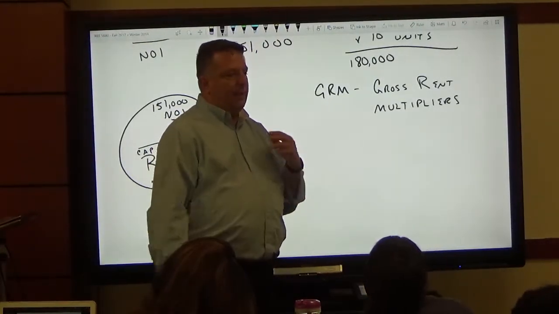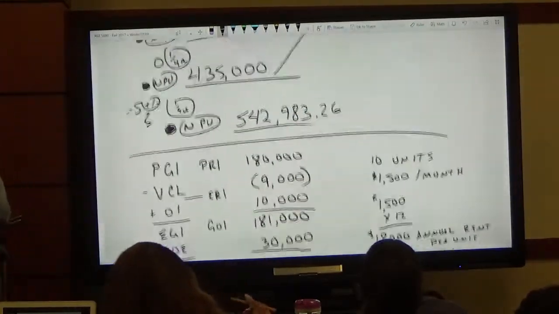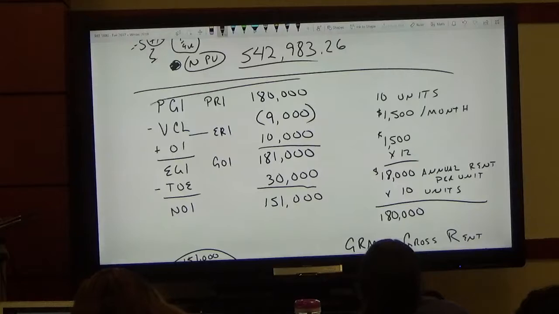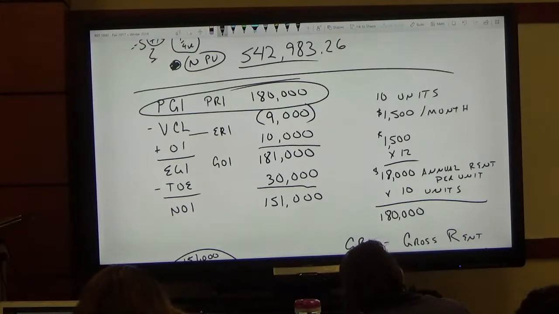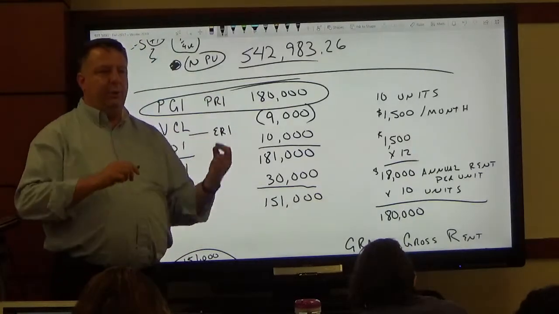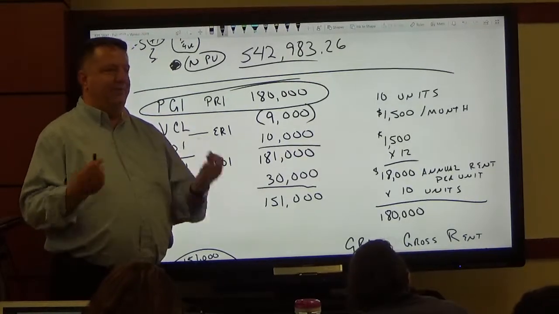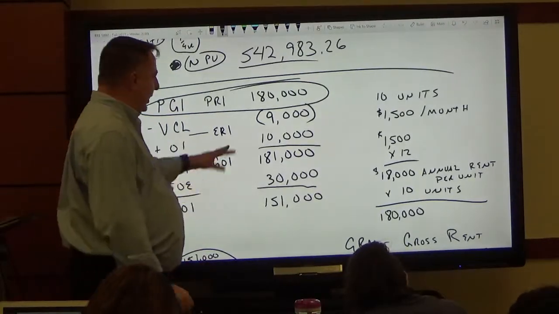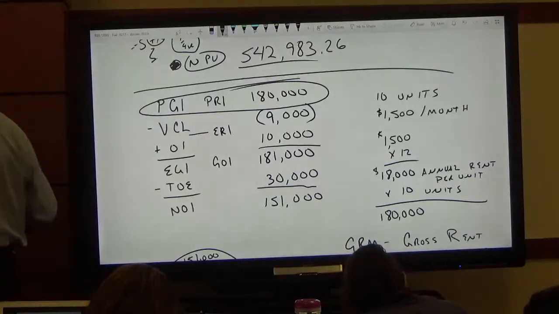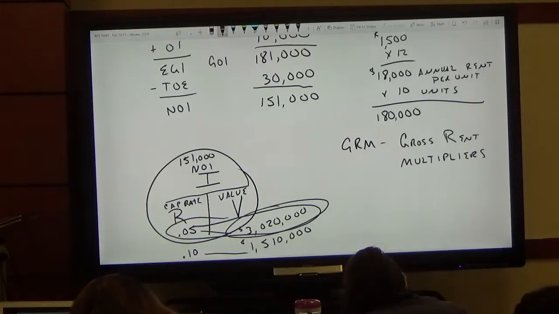What you're doing is you're looking at that number one top line, this number here, and you're saying, how does that number relate to what that property sold for, or its value within the market? In our case, we've already backed into it, and we said, if we went with our original set of assumptions, the original value was $3,020,000, yes?